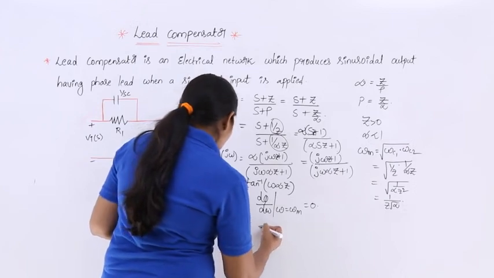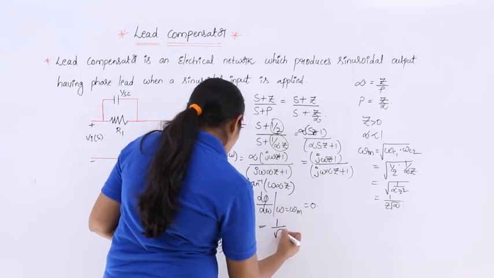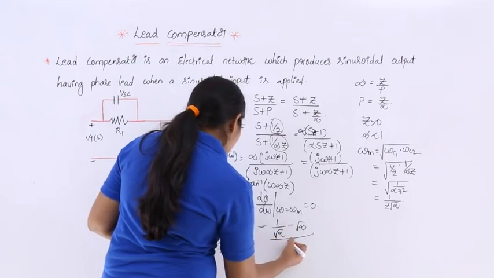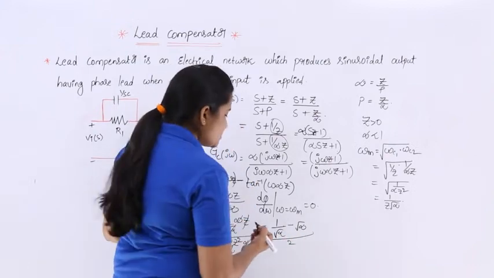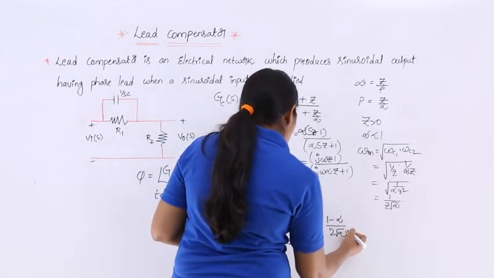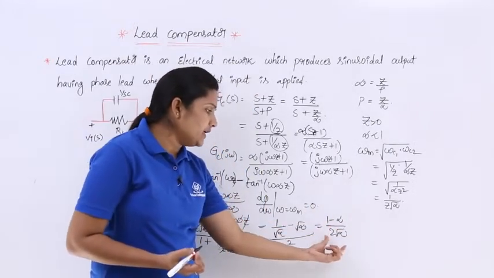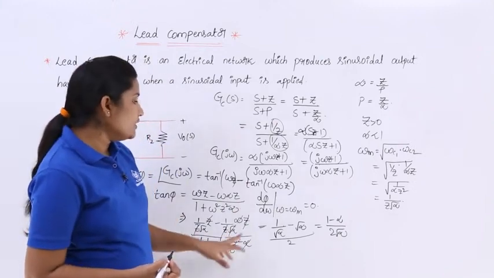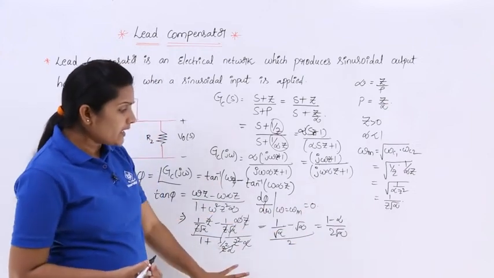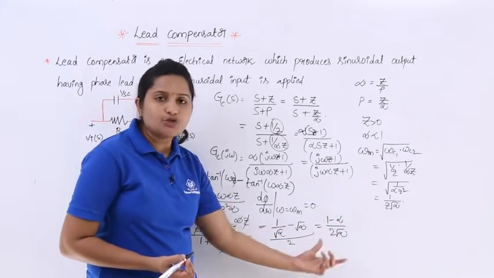So this is equivalent to 1 by root alpha minus root alpha divided by 1 plus 1, which means 2. So this is equivalent to 1 minus alpha by 2 root alpha we are going to get. Tan phi is equivalent to 1 minus alpha by 2 root alpha when you substitute omega equivalent to omega m.